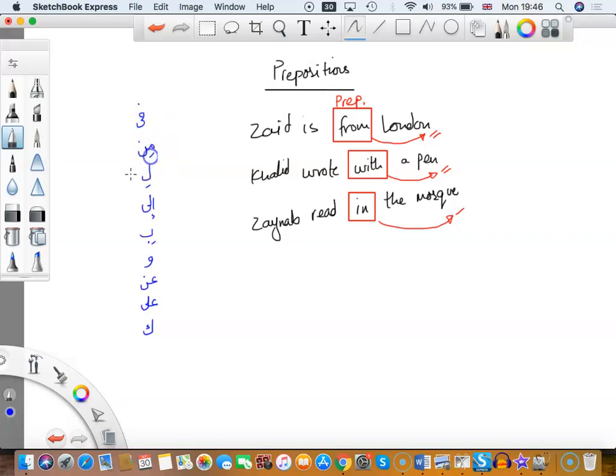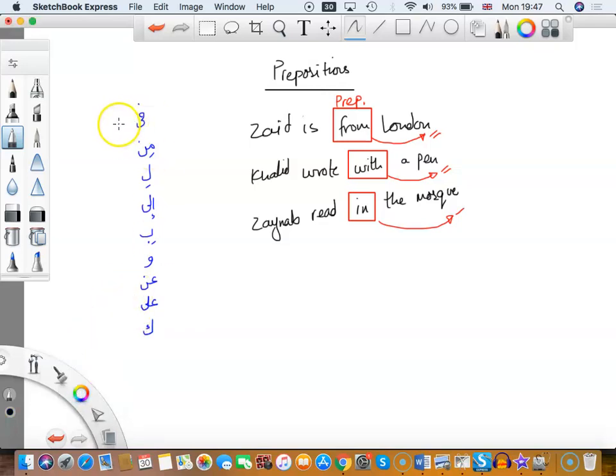Fi, min, li, ila, bi, wa, an, ala, ka. These are the most common ones that are used in the Quran. Right? So in the Quran, these are the most common ones that are used. Besides this, you're not really going to find others.